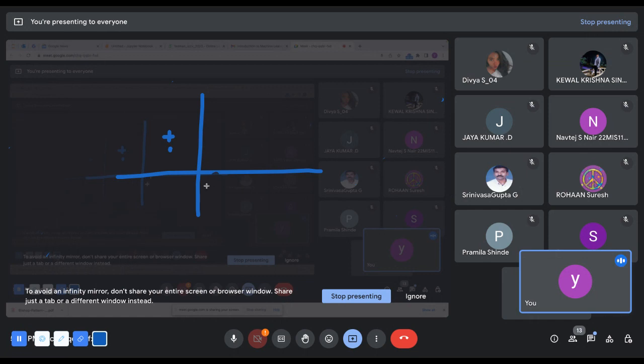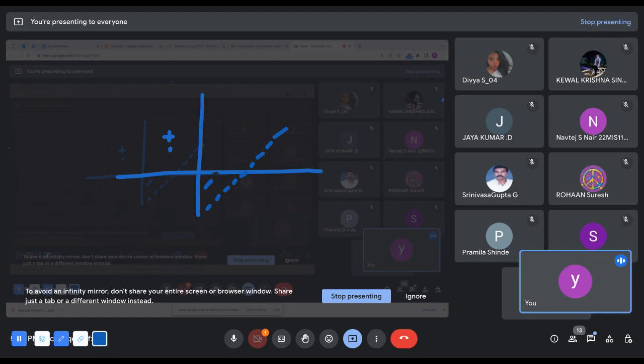One negative example here. Dash is my negative example, dot is my positive, and I have so many like this. These are all data points.